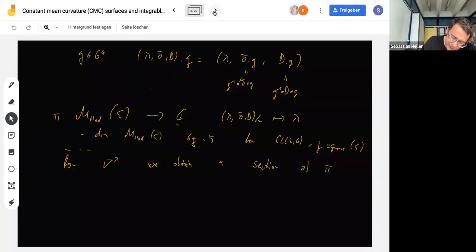Namely, what we do is we take lambda in C and map it to the gauge class of del bar nabla minus lambda phi star. And then we rescale with lambda the 1,0 part. So we add here phi and then plus lambda del nabla.